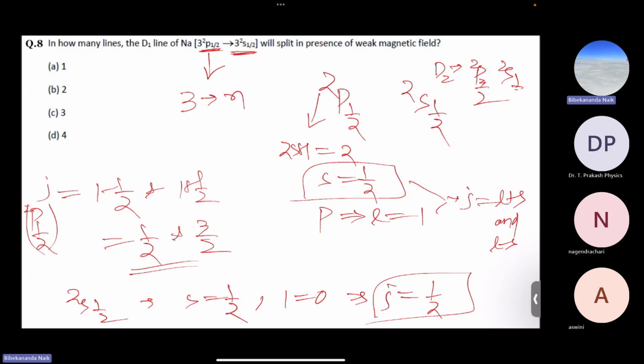Basically, this effect is nothing but the Zeeman effect. There are two types of Zeeman effect: one is the normal Zeeman effect, and another is the anomalous Zeeman effect. In the normal Zeeman effect, the spin is 0, but here the spin is not 0, so this is the anomalous Zeeman effect. Since the magnetic field is weak, the interaction between the L vector and S vector will be there, so the total angular momentum J vector will play the dominant role.